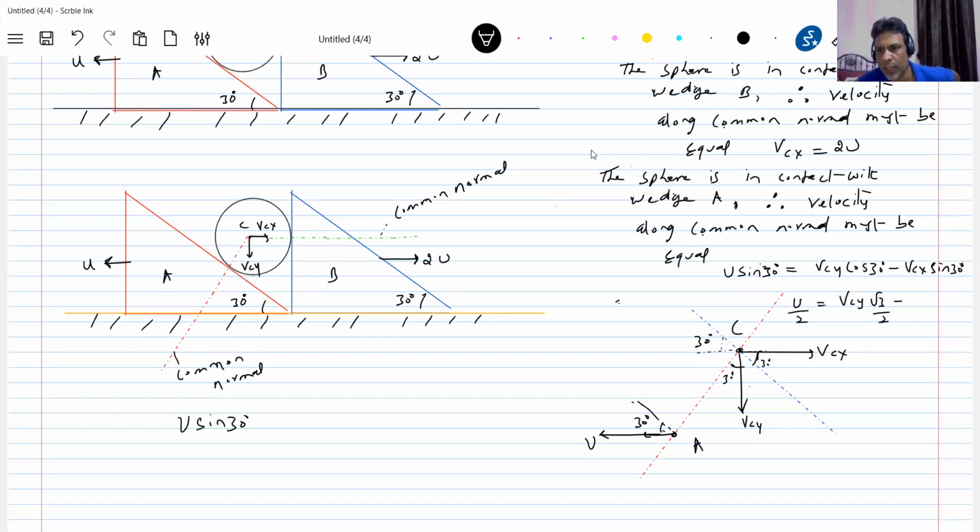VCX we know it is equal to how much? 2U, times 1 by 2. How much finally should VCY be equal to? Minus U, so 3U by 2.